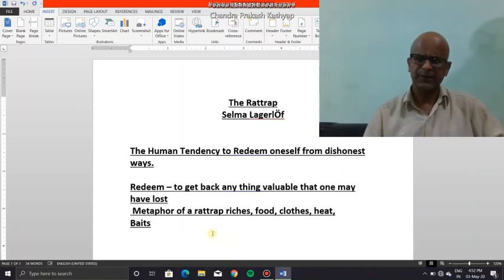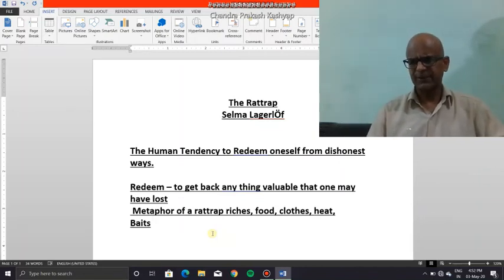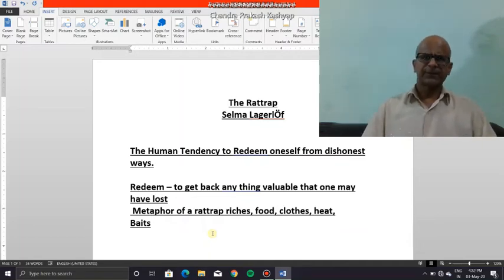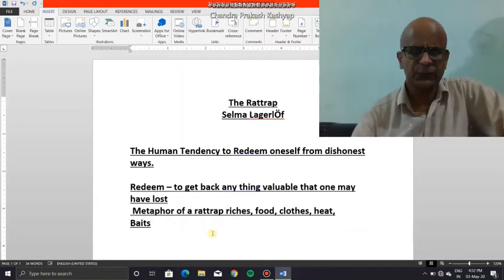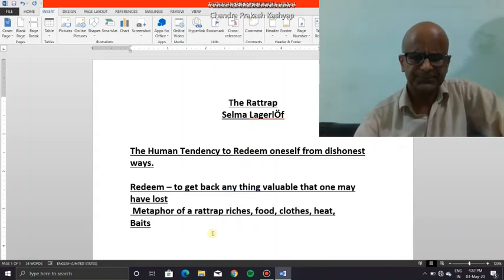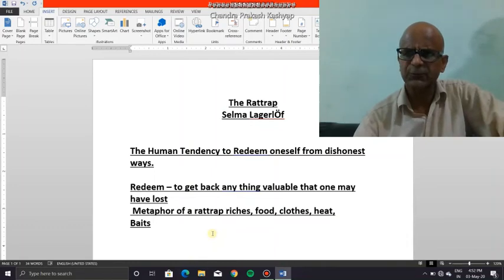So when I develop a liking for its taste, I run after it, and I continue doing that throughout my life, and my life is reduced to running after that particular bait, and for me life has come to an end. That means I have stopped enjoying simple joys that life has to offer. This is the explanation of the metaphor that Selma Lagerlöf offers.